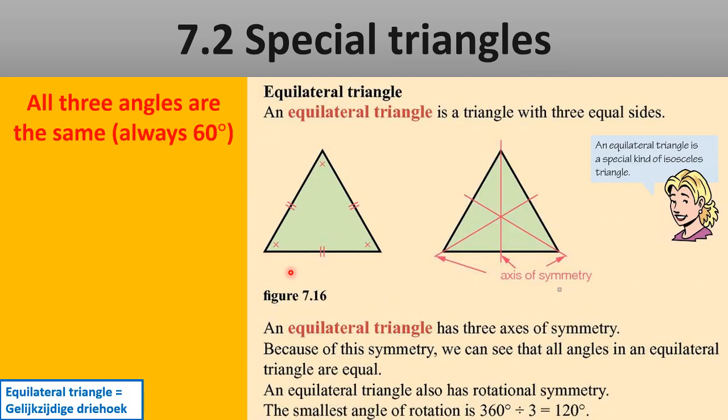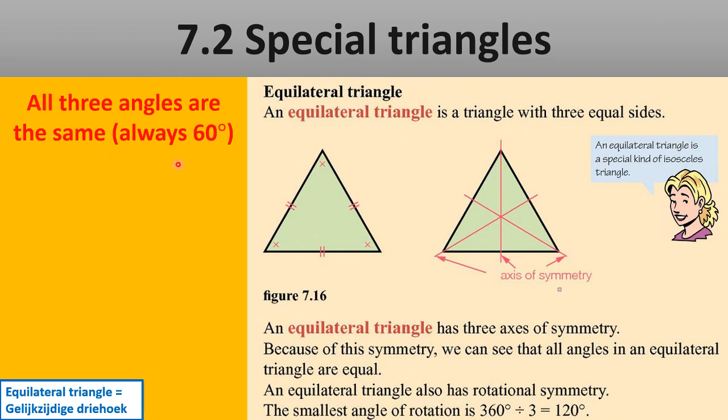The second one is even more special, you could say. That's an equilateral triangle, or in Dutch een gelijkzijdige driehoek. Het zit al een beetje in de naam. Here, all the sides are equal. They have the same length, which means that they have the same angle everywhere as well.